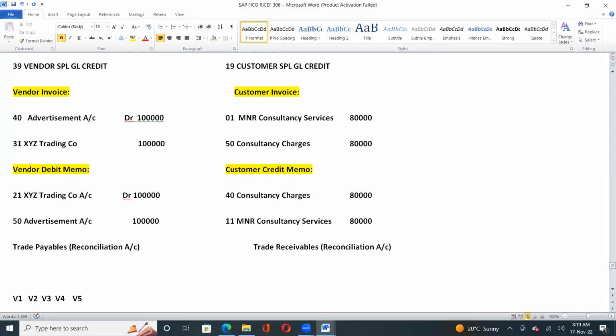And here we are going to create customer accounts. Customer 1, customer 2, customer 3, customer 4, and customer 5.